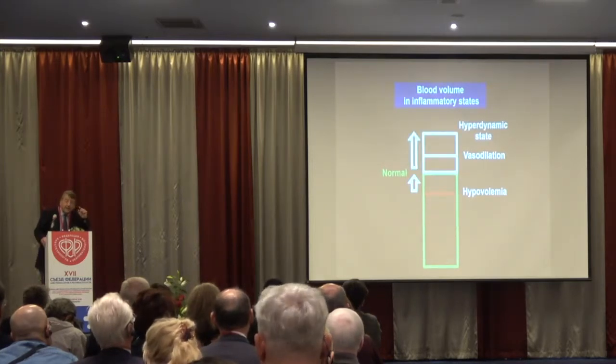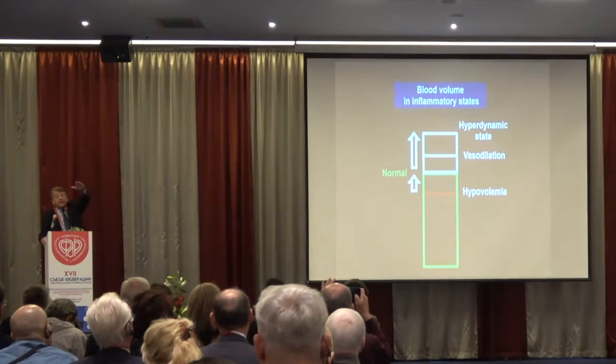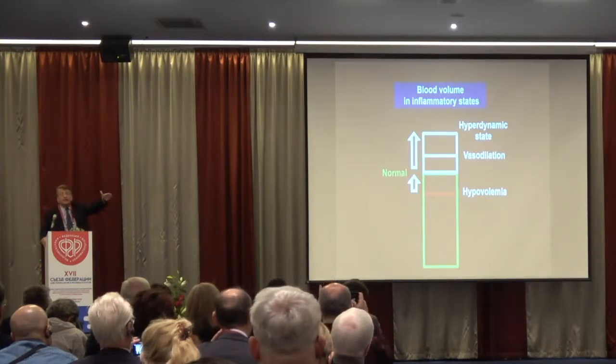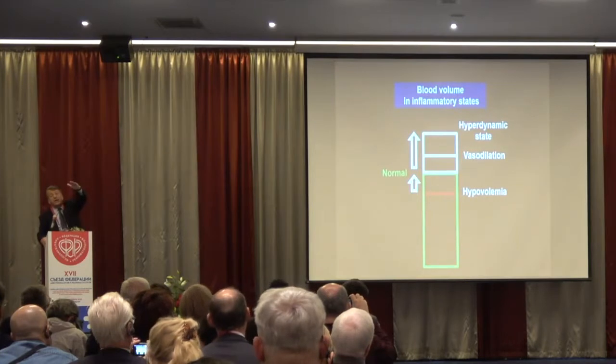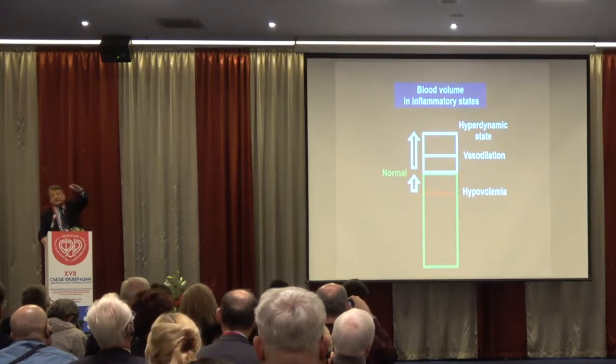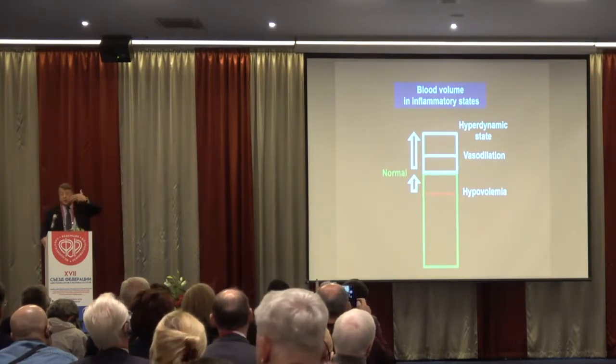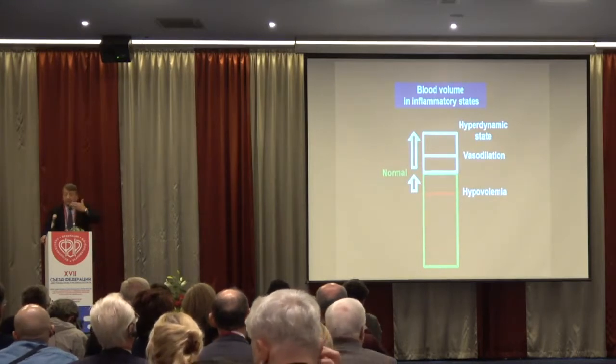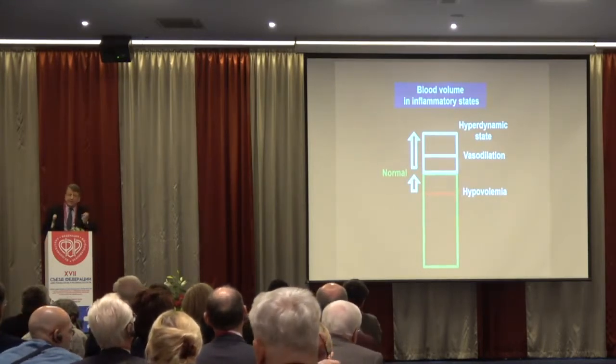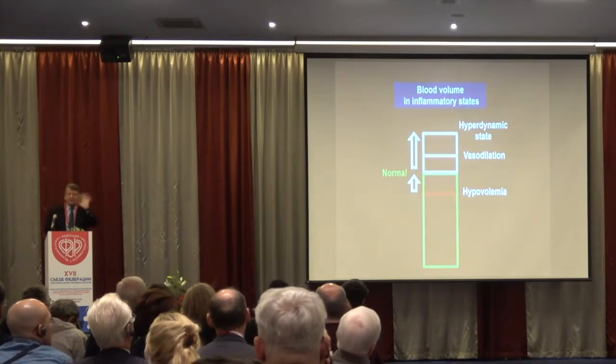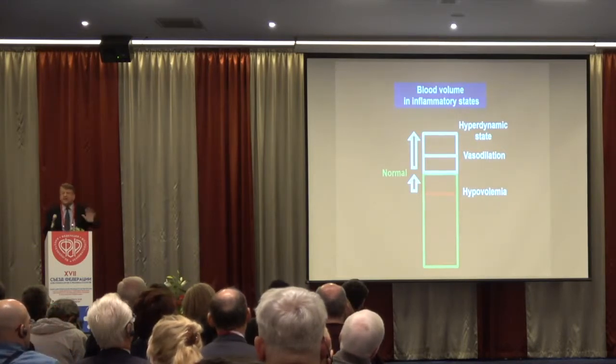And we need to play with the Frank-Starling relation in some difficult cases to reach a supranormal cardiac output. So it's not just correcting hypovolemia, as I sometimes hear. It's more complicated than that.